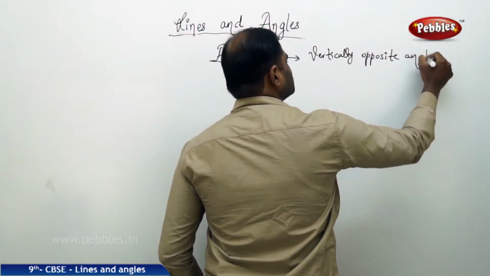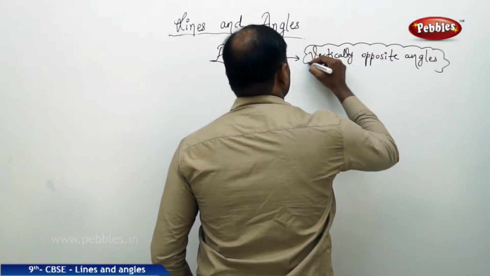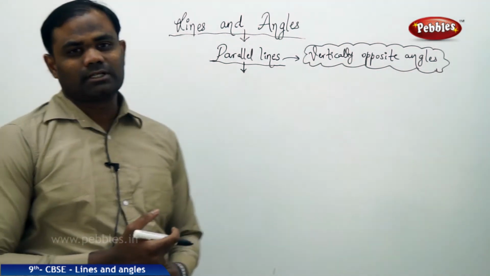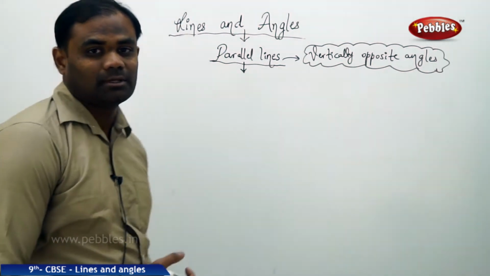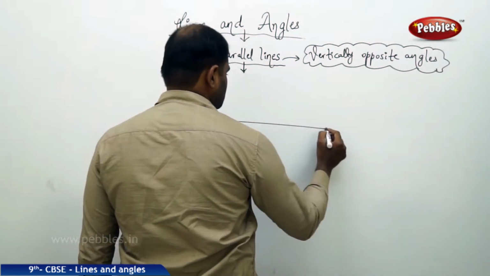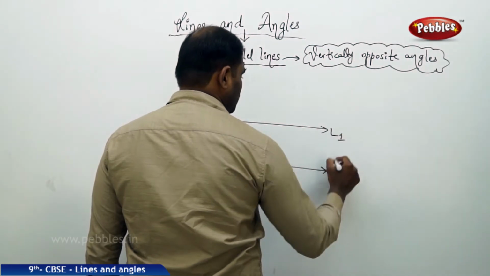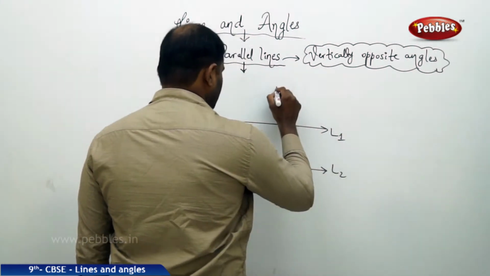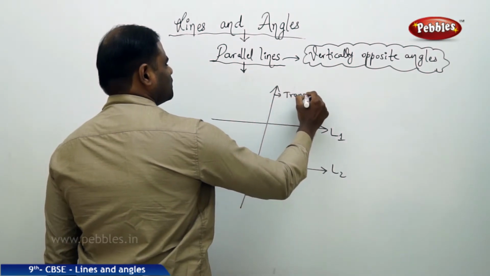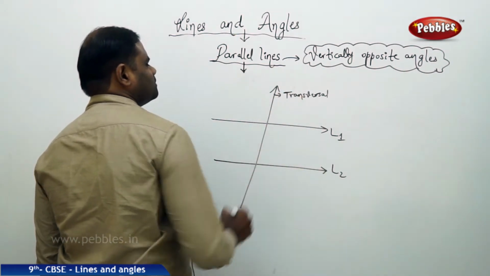Vertically opposite angles. Let's see what are vertically opposite angles. Imagine I have two parallel lines L1 and L2 cut by a transversal.